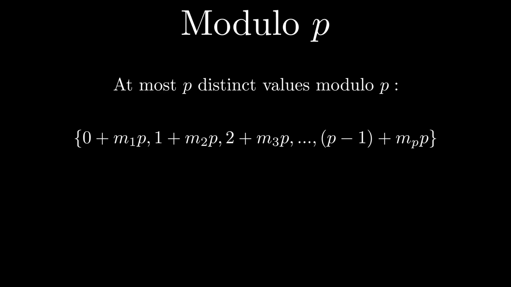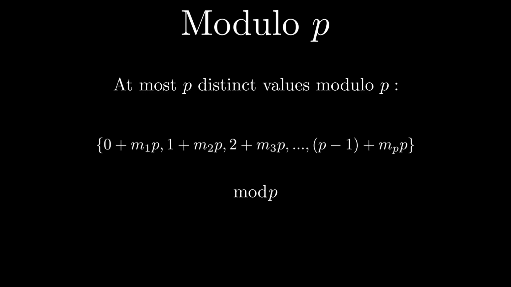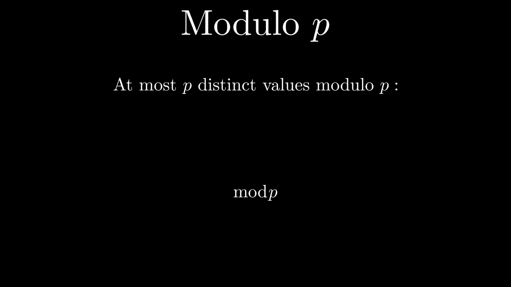These are essentially 0 plus an integral multiple of p, 1 plus an integral multiple of p, 2 plus an integral multiple of p, and so on up to p minus 1 plus an integral multiple of p, where, as I say integral multiple, that just means an integer multiple, and so all the coefficients m1 up to mp are integers. And we can intuitively see why if we take this set modulo p, essentially reducing the integer multiples of p, and we get this set.